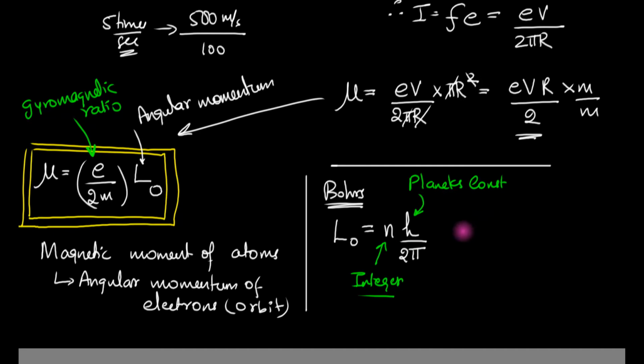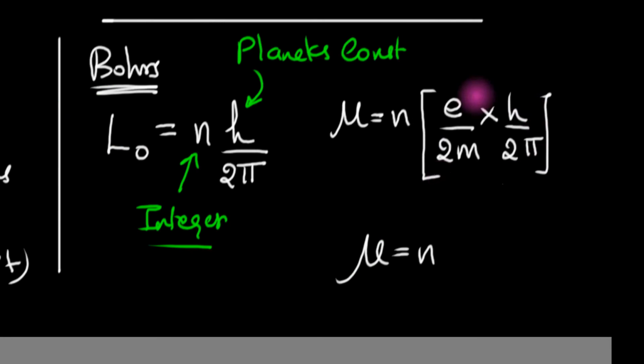So the magnetic moment mu, we can write in the final form now, it has to be n times e divided by 2m into h divided by 2 pi. And that can be written now as another universal constant.